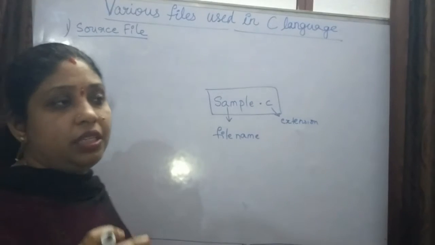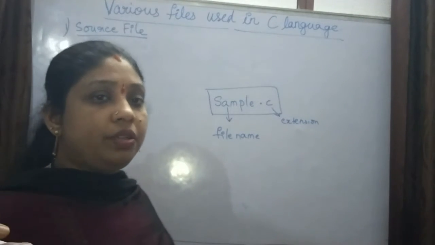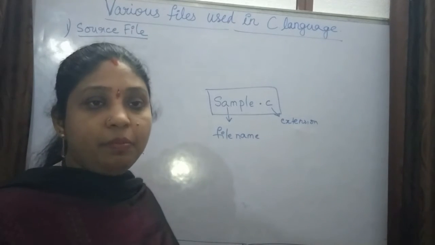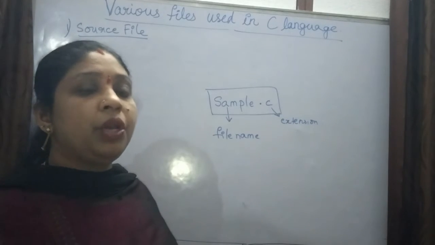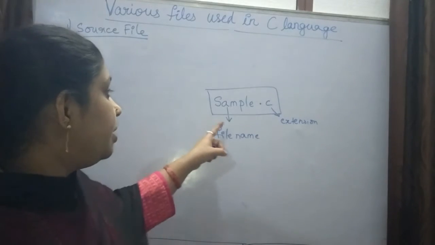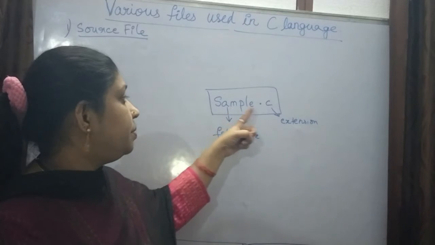Without .c you cannot recognize that file. By seeing the name of the file only, you can recognize whether it is a C program, a Java program or a C++ program. So you are saving a C program with this name, sample.c.